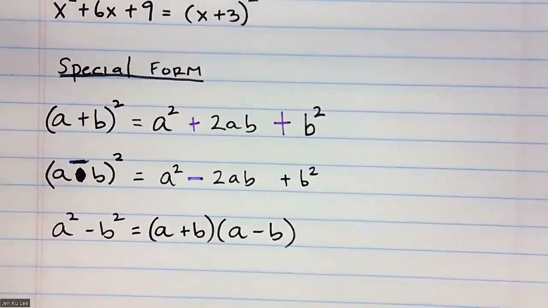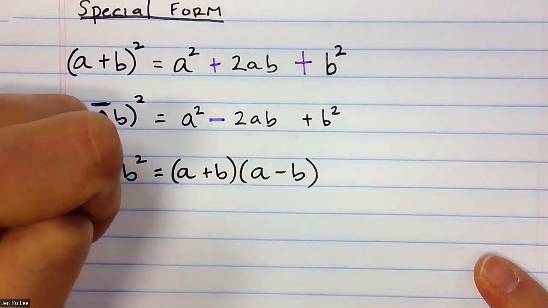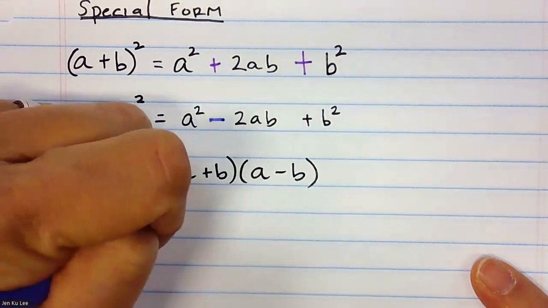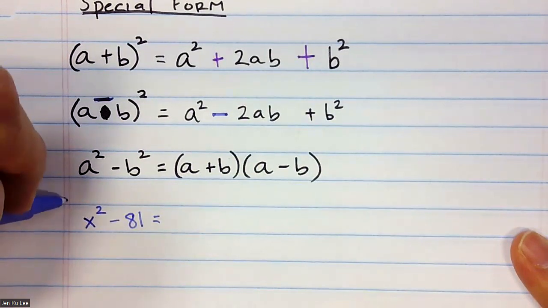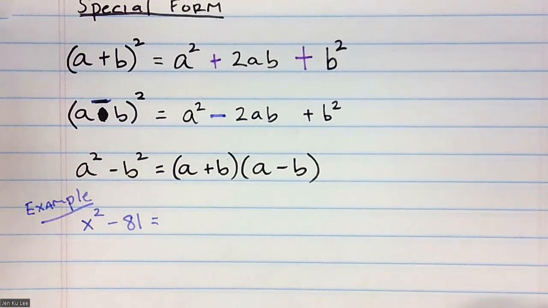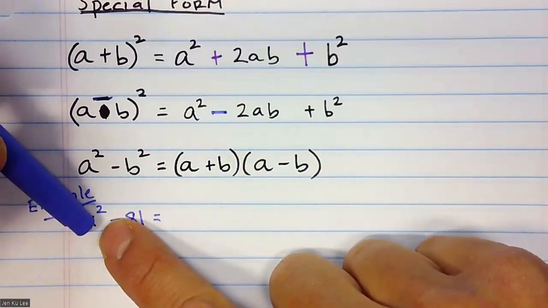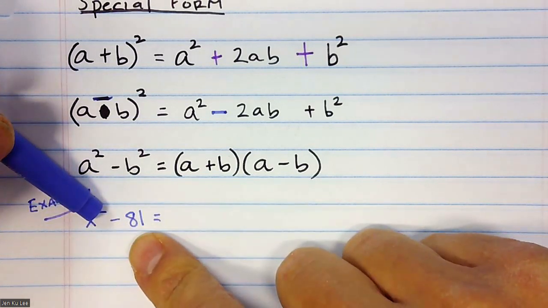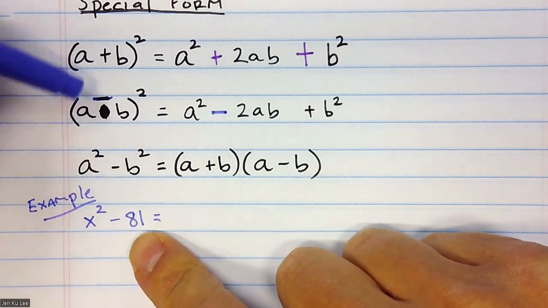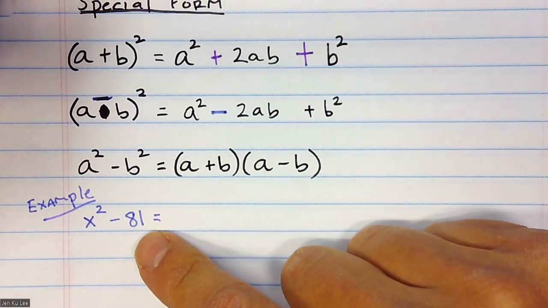So an example of the third one is going to be x squared minus 81. Since x squared is a perfect square, is 81 a perfect square? Perfect square meaning 2 squared, 3 squared, 4 squared, 5 squared, 6 squared, and so on.